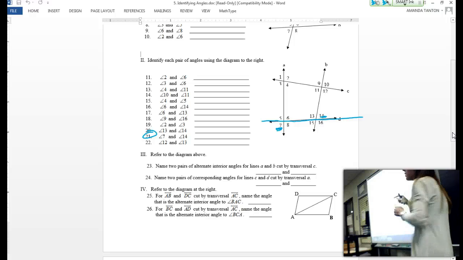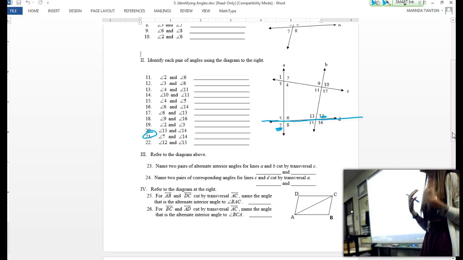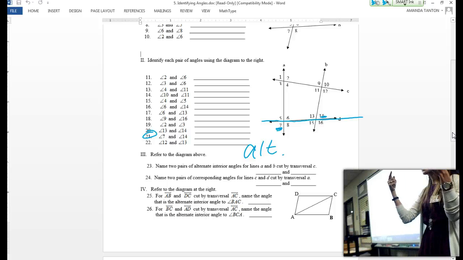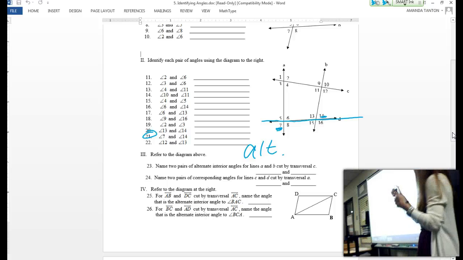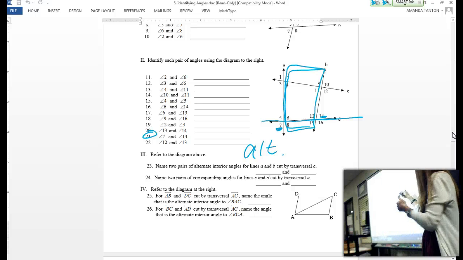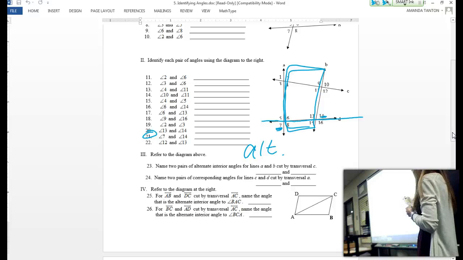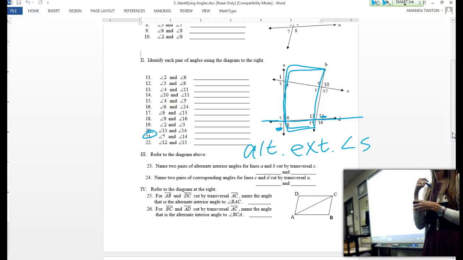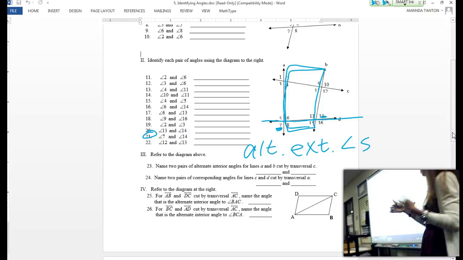One's above and one's below. That's alternate sides. That's different sides. So you write alternate. And then, are they interior or exterior? If I were to connect this and make a house, are they inside the house or outside the house? They're definitely outside. Alternate exterior angles. So that's the process that you walk through each time.